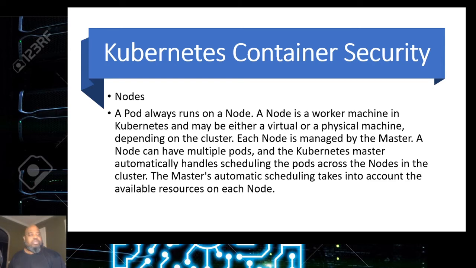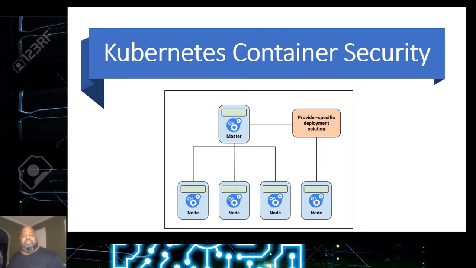A node is a worker machine in Kubernetes and may be either a virtual or physical machine, depending on the cluster. Each node is managed by the master, and the node can have multiple pods, and Kubernetes automatically handles the scheduling. The master automatically schedules, taking into account the available resources on each node.